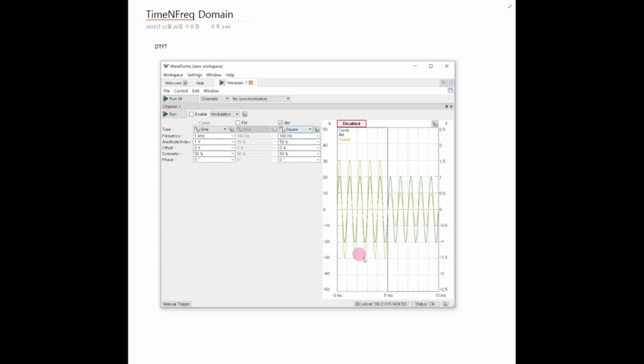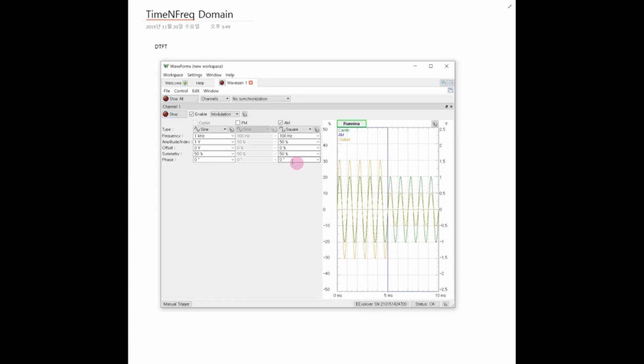So 1 over 0 is modulated here. So in the 0 case, it is reduced to 50%, so the amplitude is 0.5. But in the case of 1, the data is 1, then it is 1.5, 50% larger.